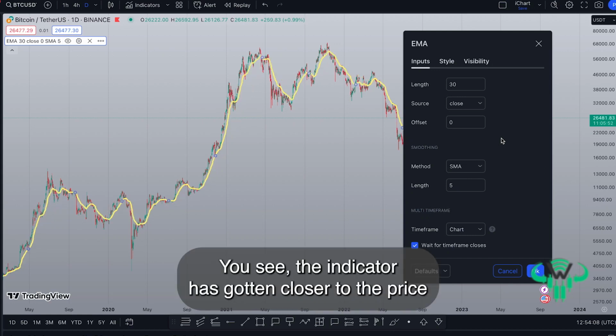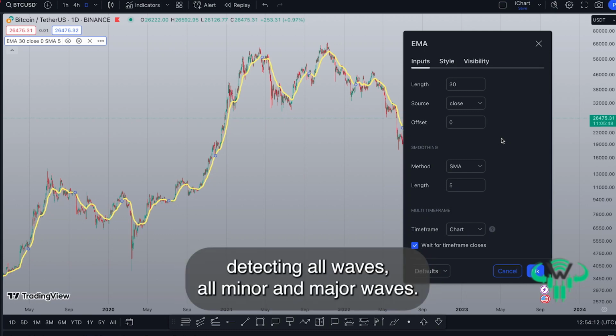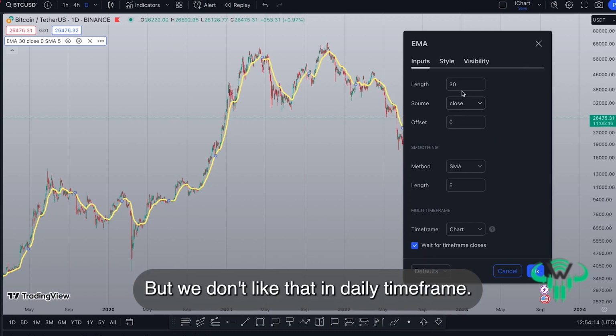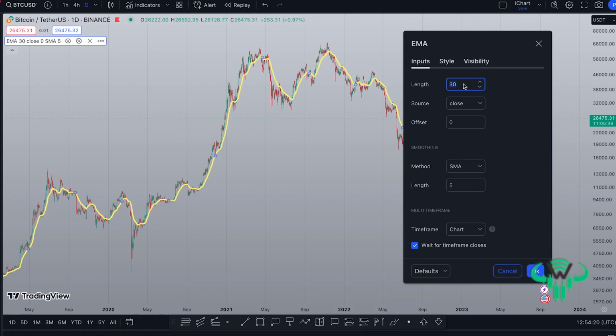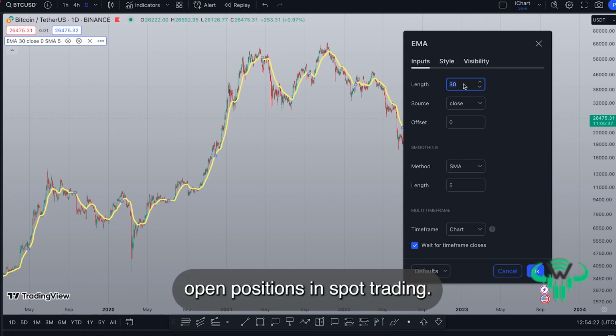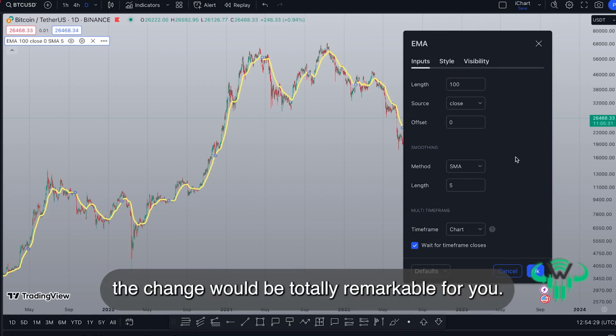You see the indicator has gotten closer to the price, detecting all waves, all minor and major waves. But we don't like that in daily time frame when we want to generally open positions in spot trading. And if I move to 100, the change would be totally remarkable for you.